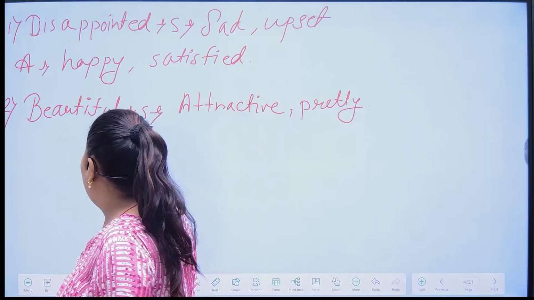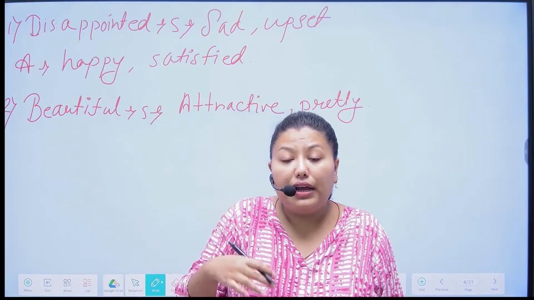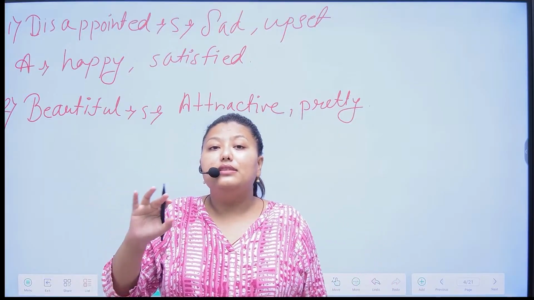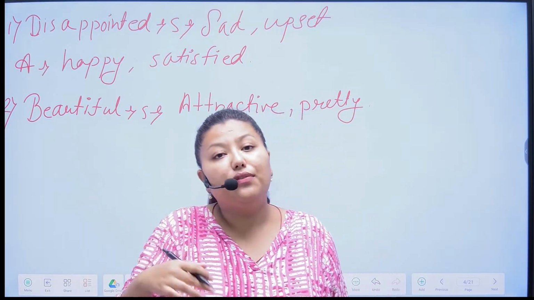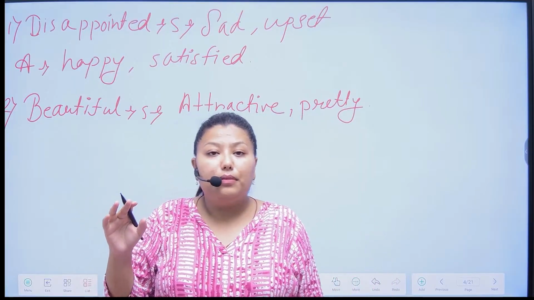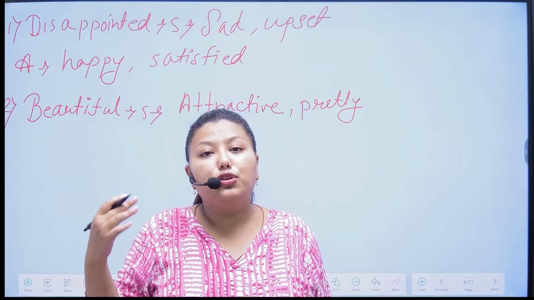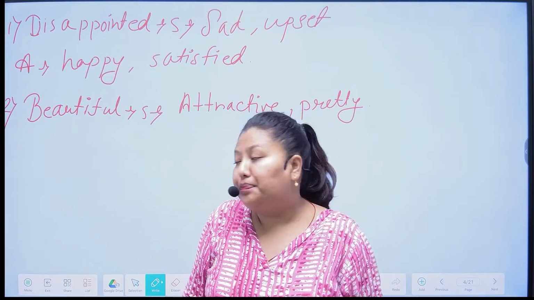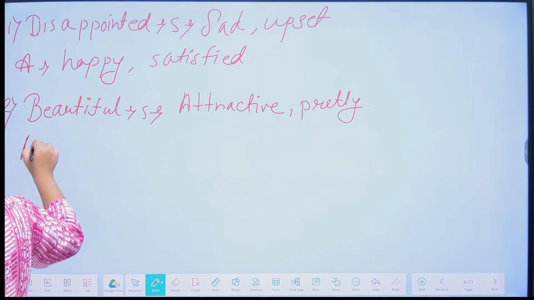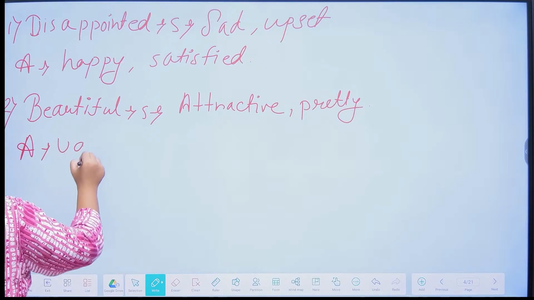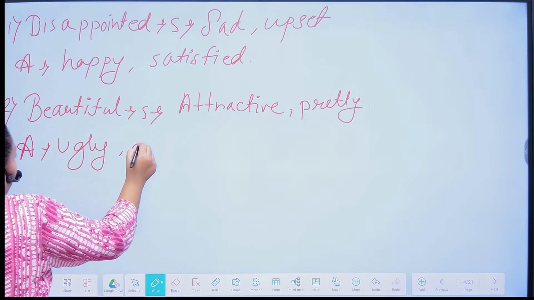So when we are attracted to someone or something, that means that thing or person is very beautiful. That's why we are attracted to them, right? And the synonym of beautiful is also pretty. That means it looks very good, good looking, right? Now the antonyms of beautiful are ugly and unattractive.